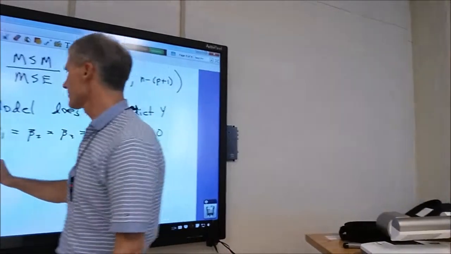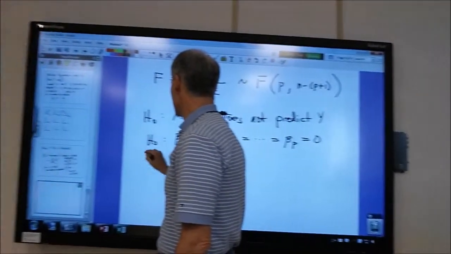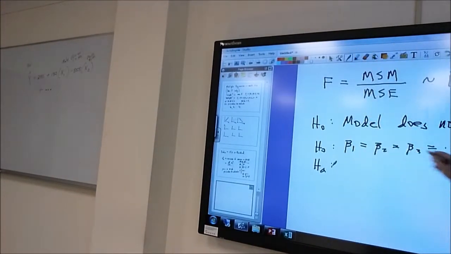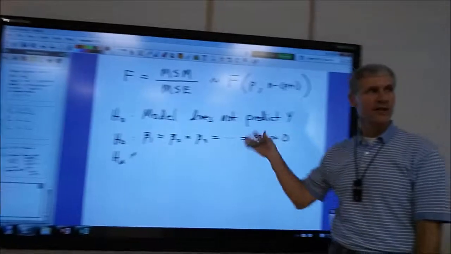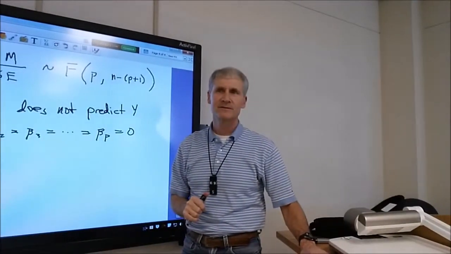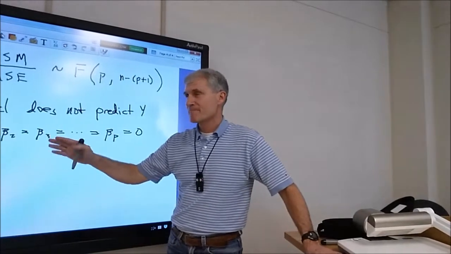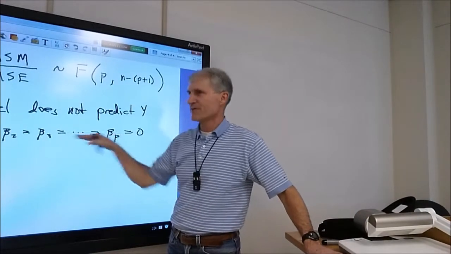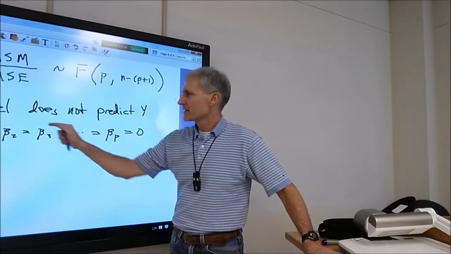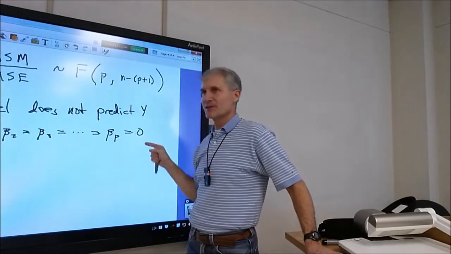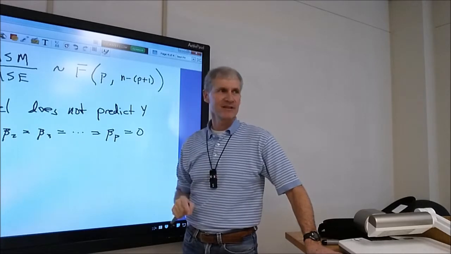Now how do I write the alternative for that? Not equal everywhere. So they're all not 0. Remember, the alternative is the complement to this event. This says they're all 0. What's the complement to that?